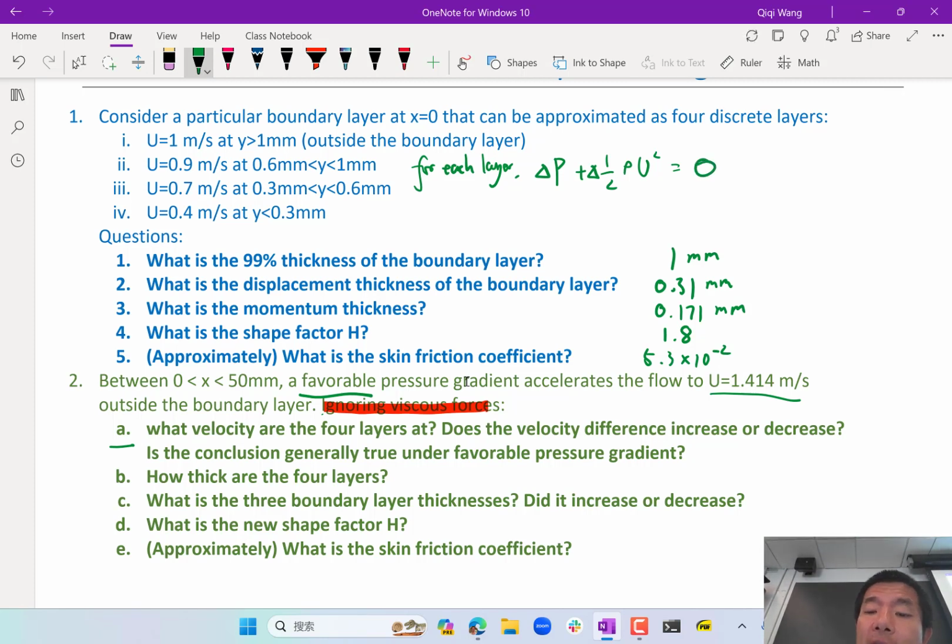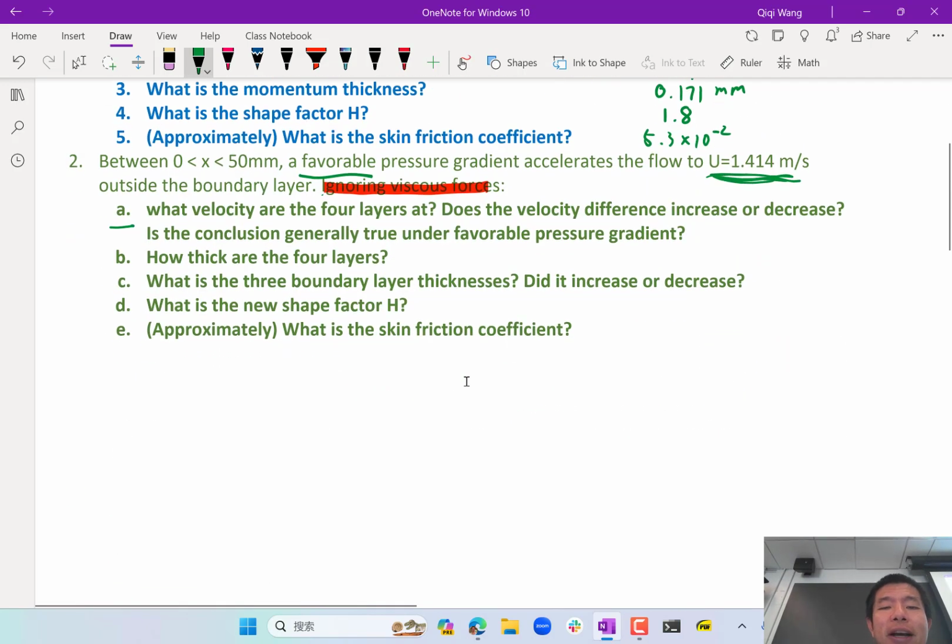That means if I know how much the delta half rho v squared is at the outside of the boundary layer, I can compute what delta p is. And is the delta p the same for the different layers? That's actually a non-trivial question I need to answer here.